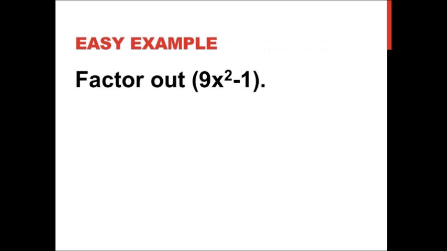So let's start with an easy example. We have 9x squared minus 1. First thing you need to do is recognize whether the terms of the problem are perfect squares. 9x squared is a perfect square. It is the square of 3x. And 1 is a perfect square on its own, because 1 times 1 is equal to 1.